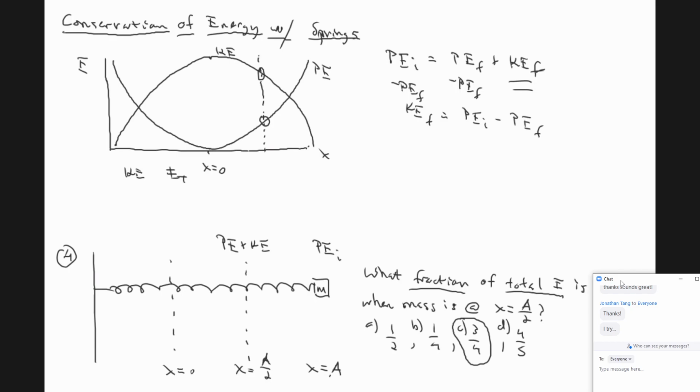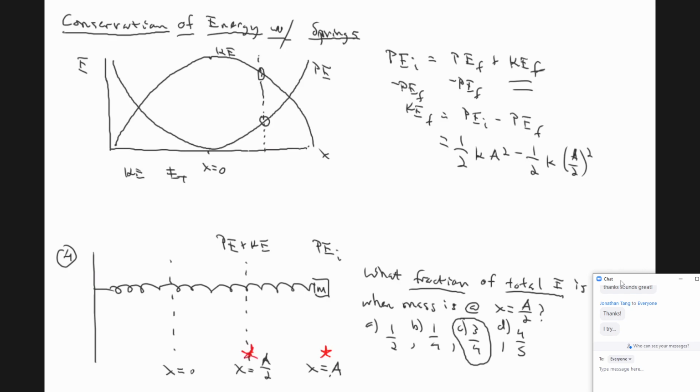So then we plug in the equation. So 1/2 k A squared, because that's the initial energy that we have at the beginning, minus 1/2 k (A over 2) quantity squared. This is the potential energy we have at this point. Potential energy here versus potential energy here, right?